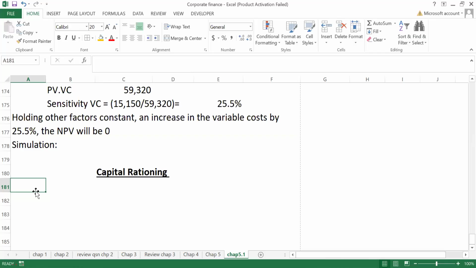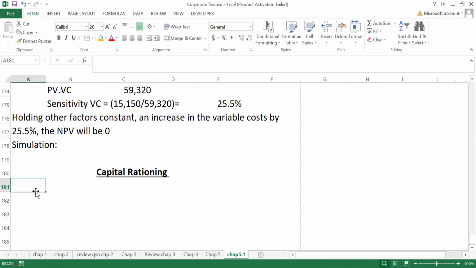In investment, you may have different projects which are profitable. For example, the investment team can bring around 10 projects, and all the 10 projects are profitable.